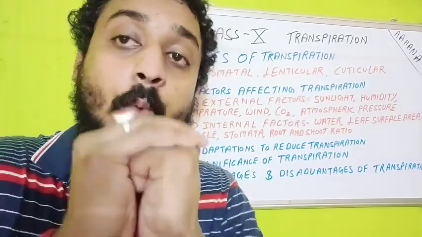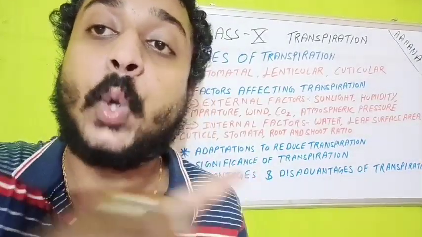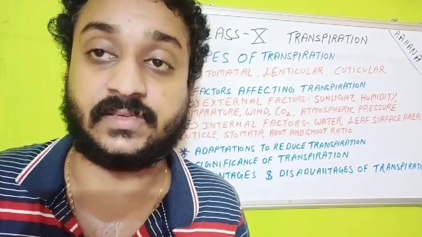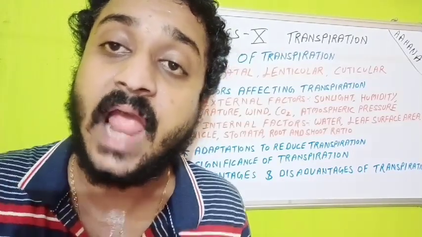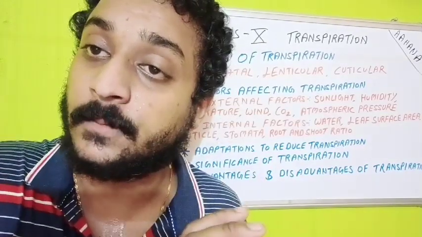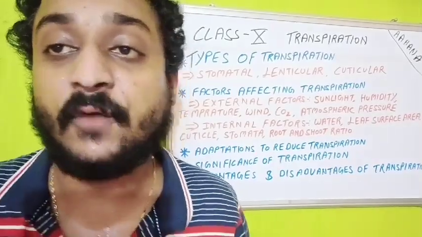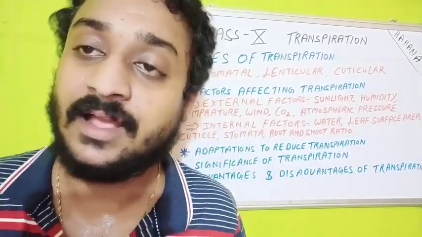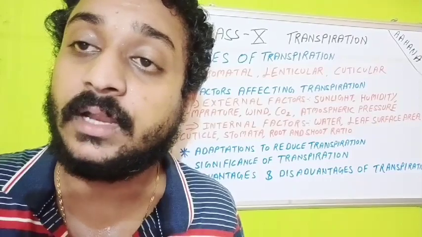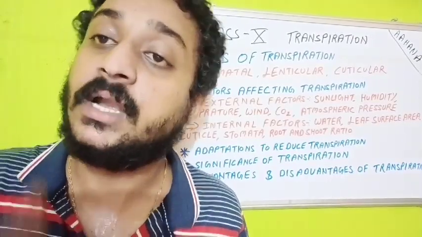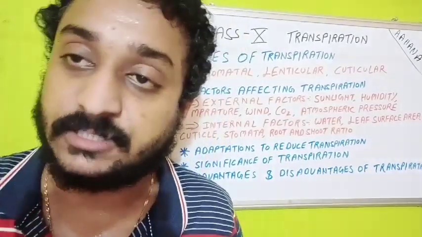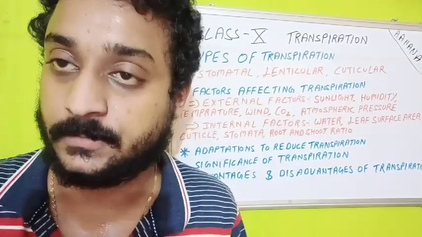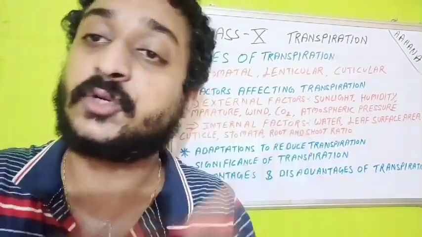So the stomata will stay closed and there will be no transpiration when the humidity increases. But when humidity decreases and dry weather conditions set in, then definitely there will be opening of stomata and transpiration will take place. So increasing humidity, decreasing transpiration; decreasing humidity, increasing transpiration, just reciprocal to each other, inversely proportional to each other.